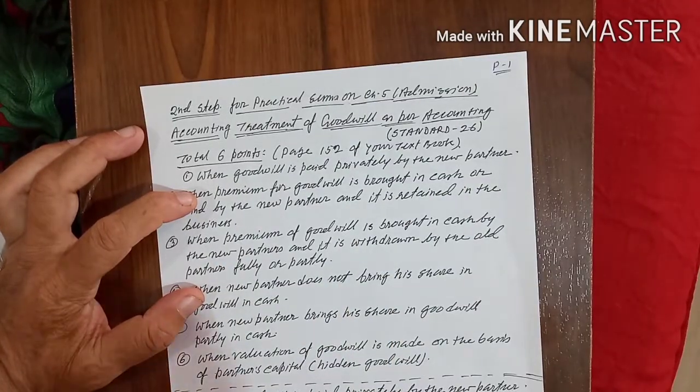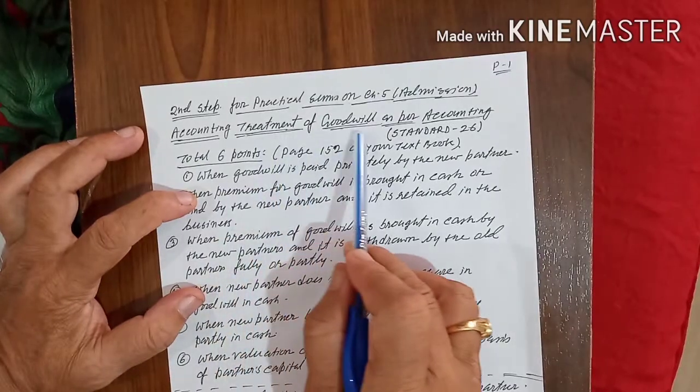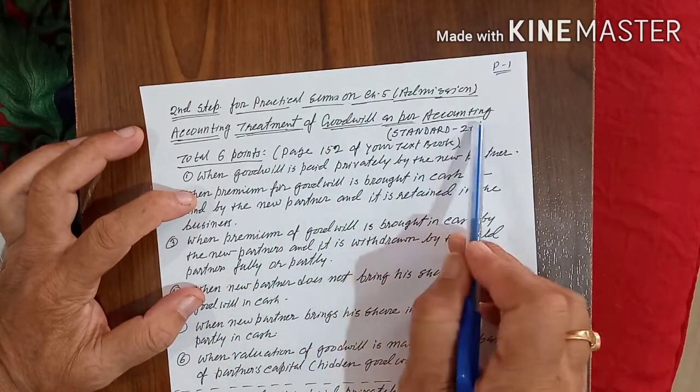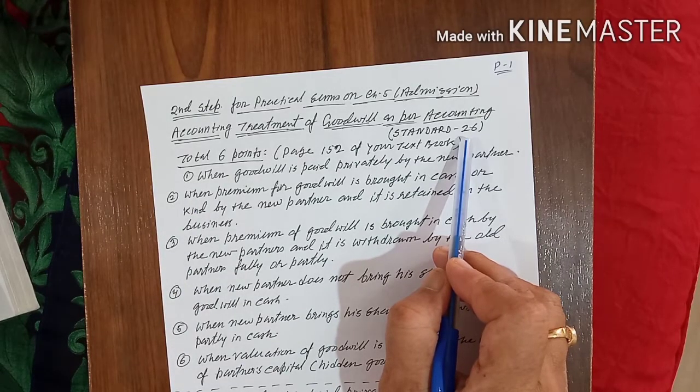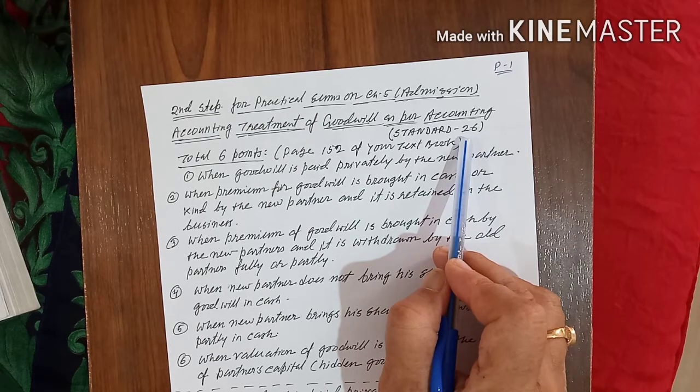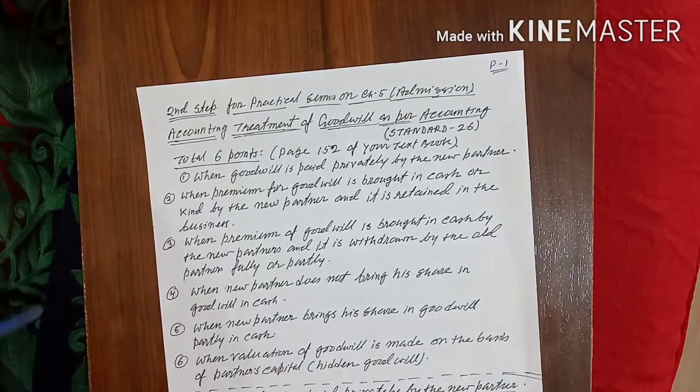In this second step comes the accounting treatment of goodwill as per Accounting Standard 26. Just 1 minute, let me tell you the page number from where I have taken this. Yes, I got it.